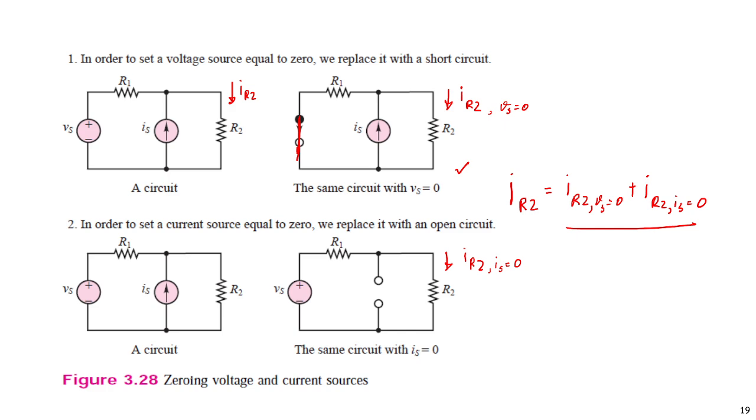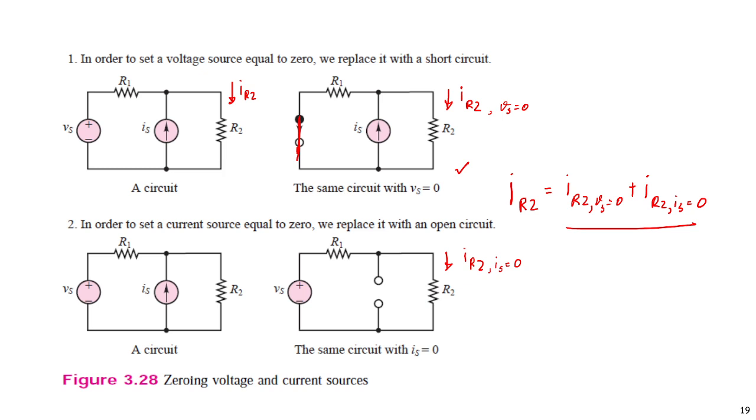So which one do you choose? You choose to solve these two circuits, or you choose to solve this one single circuit, which is better? To solve two easy circuits, or one complex circuit to solve for I R2.